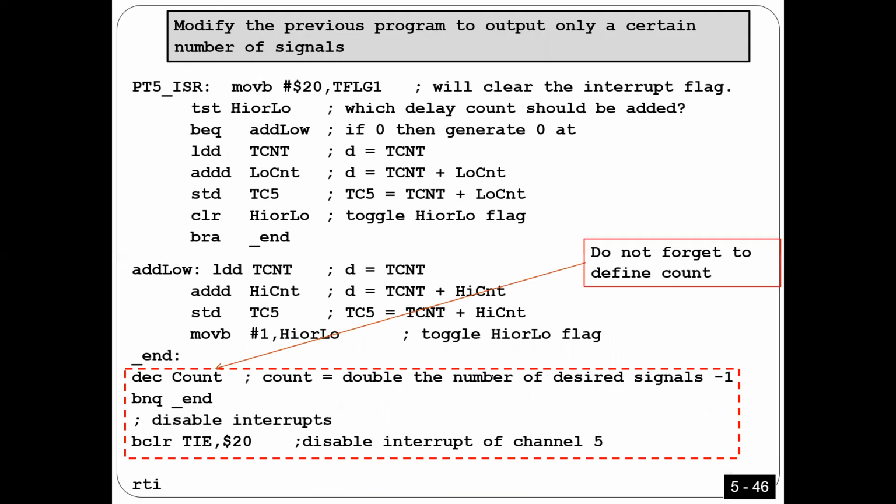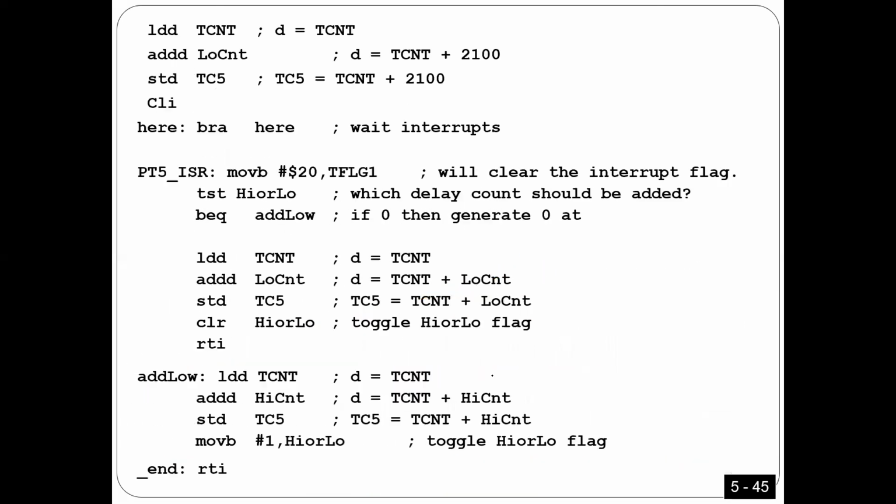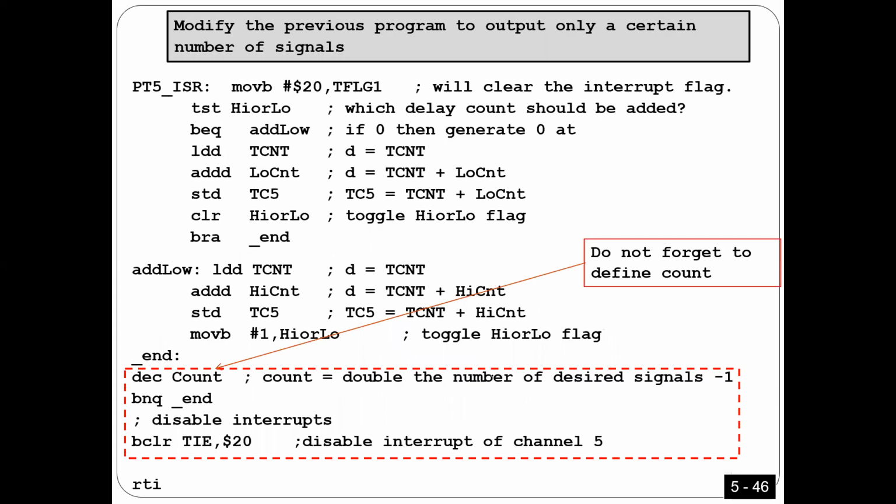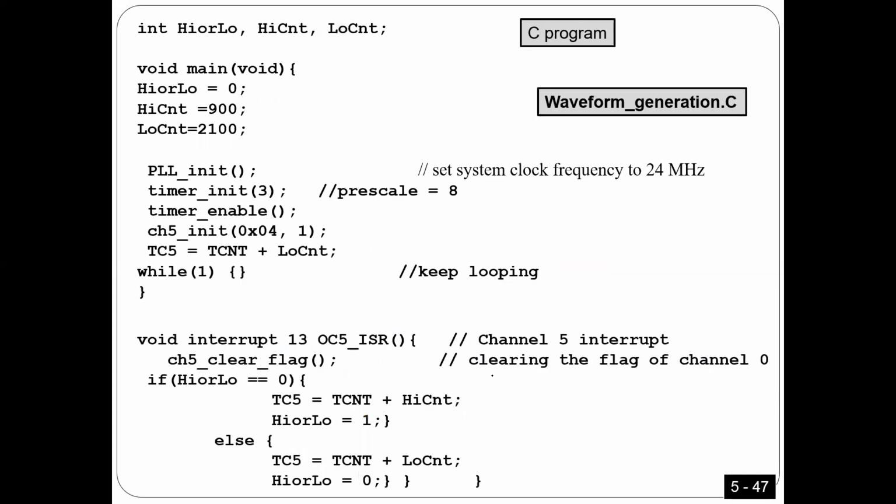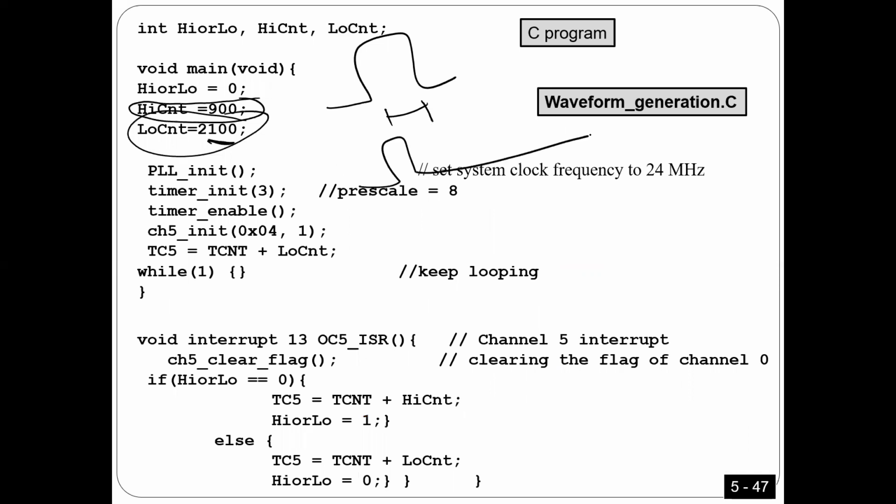So I'm going to choose a program, guys. I did the program in both C and assembly, but I'm going to explain the C here. In the C, as I told you, this is the high count, 900. This high count means when the signal is high, and this is the low count, the number I'm going to use during the low.